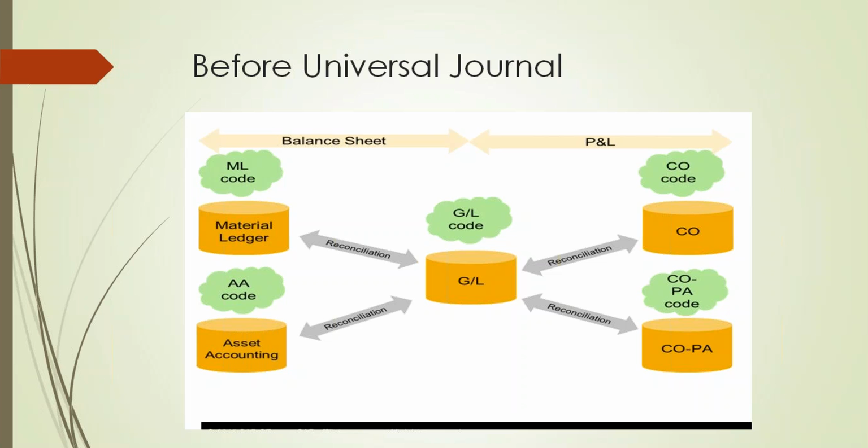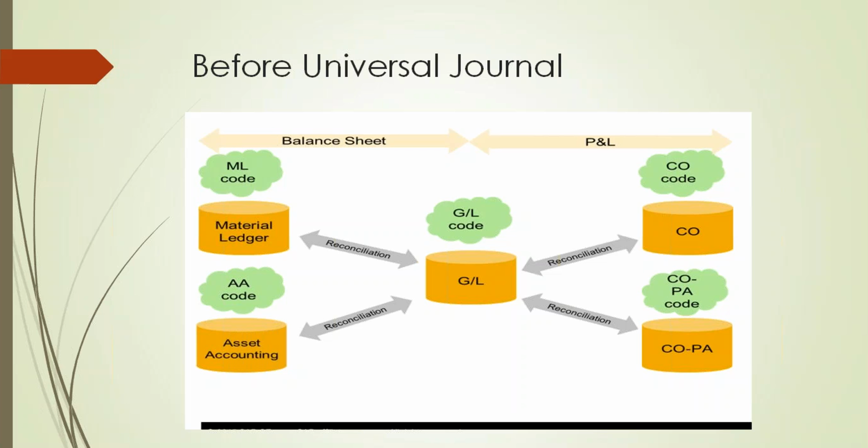Data is stored in multiple tables. For GL, data is stored in, let's say, BSEG. For controlling, it is in COEP. For COPA, some other tables. For material ledger, some other tables. In short, the data was segregated and saved in multiple tables. Not only that, the reconciliation exercise was very tedious and took a lot of time.